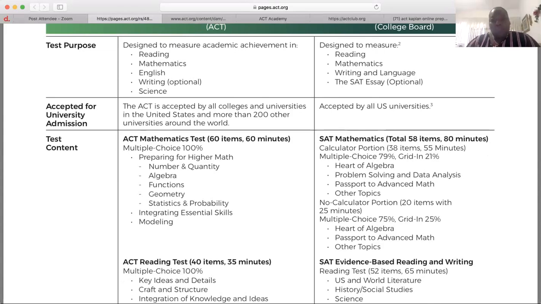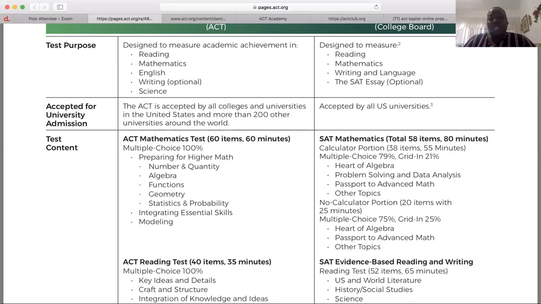I want to pause right there and say something very specific about the ACT. Last September, ACT migrated from a paper and pencil-based test to being a computerized based test. So now ACT is not paper and pencil, it's CBT. And what are the benefits of being a CBT exam? Well, it gives students an opportunity to get their test scores back in 2 days.